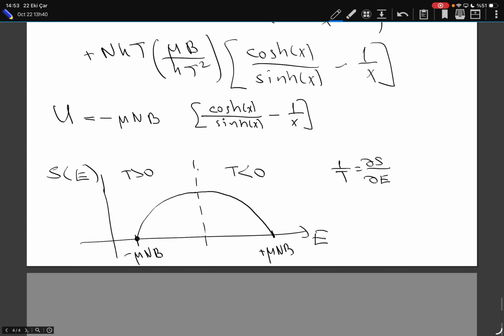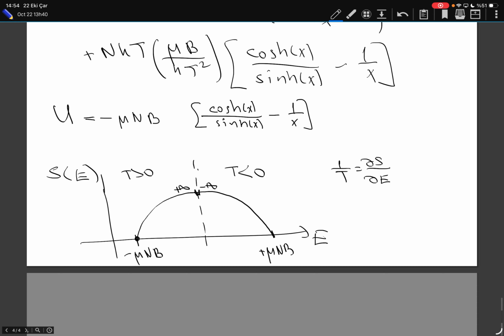And in fact, just on the left of the dashed line, the derivative of entropy with respect to energy is 0, and also just on the right. If the derivative is 0, that means temperature is infinite. On the left of that dashed line, the temperature is plus infinity, right over here. On the right of that dashed line, the temperature is minus infinity.